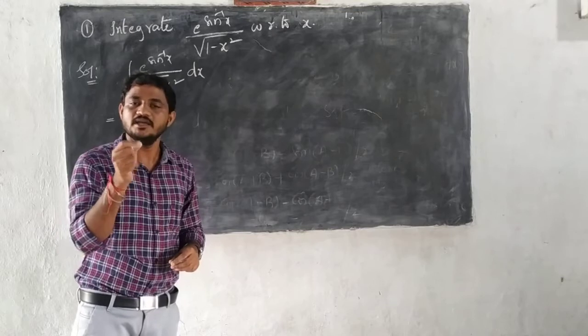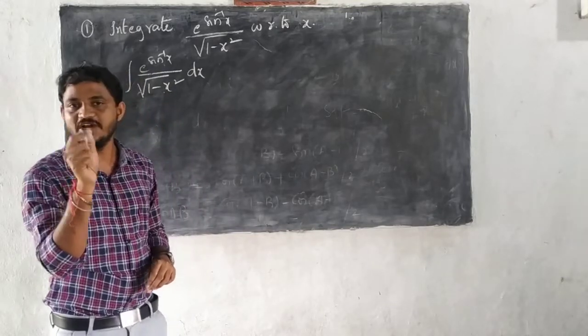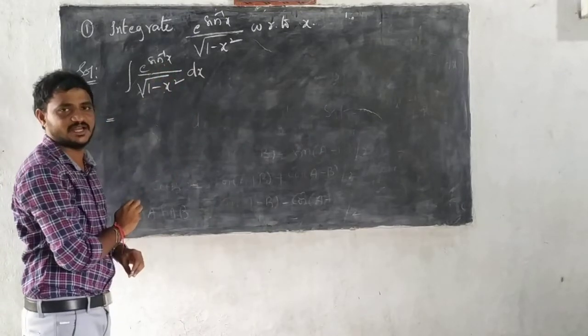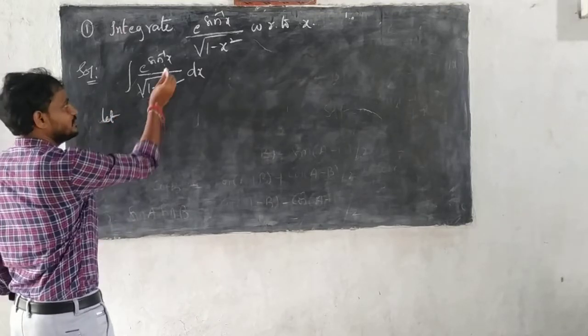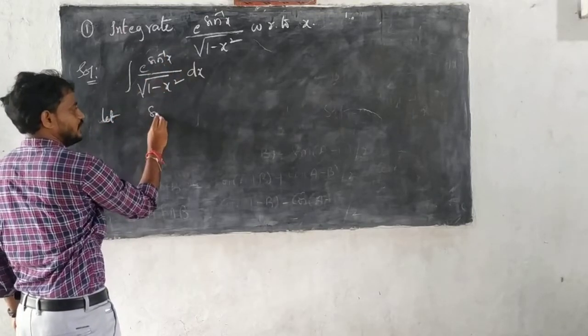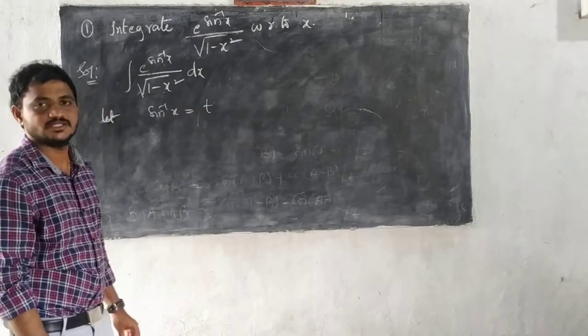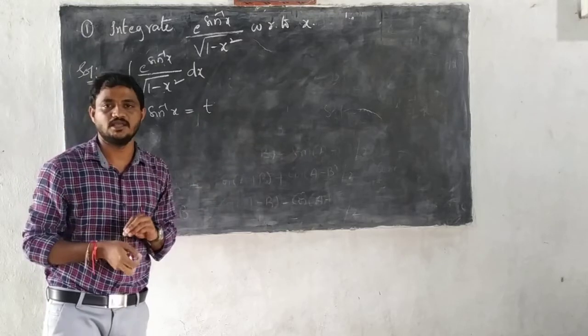So in this type of functions, we have to substitute the function value. What is the function here? Sin inverse of x is the function. So we have to assume, let this sin inverse of x value as t. So substitute sin inverse of x is equal to t.